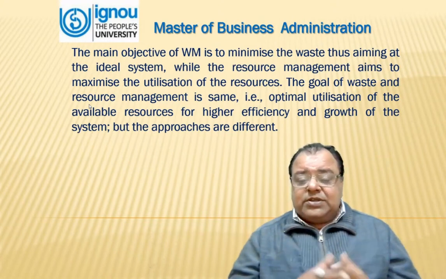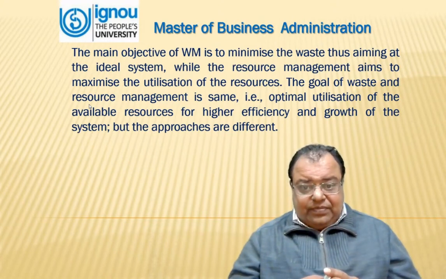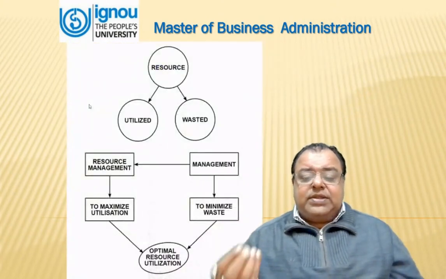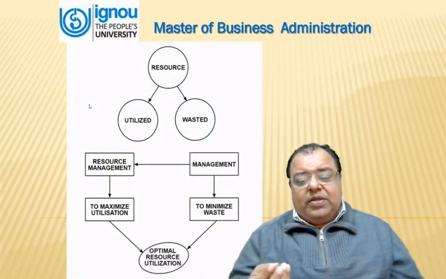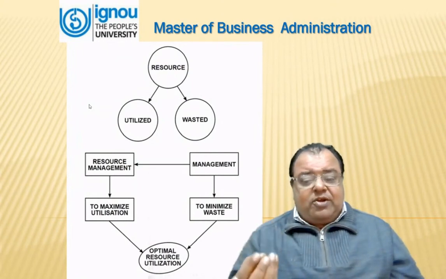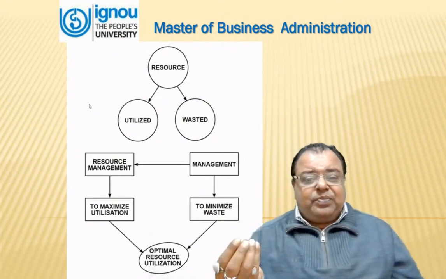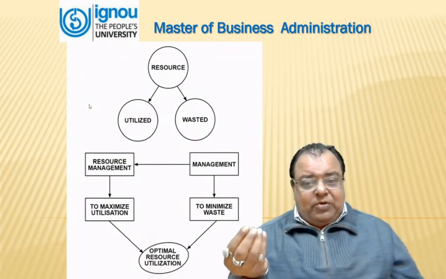But the approaches are different. We can see how the things are related, the complementary relationship of waste management and resource management. With this, we will be concluding today's session.